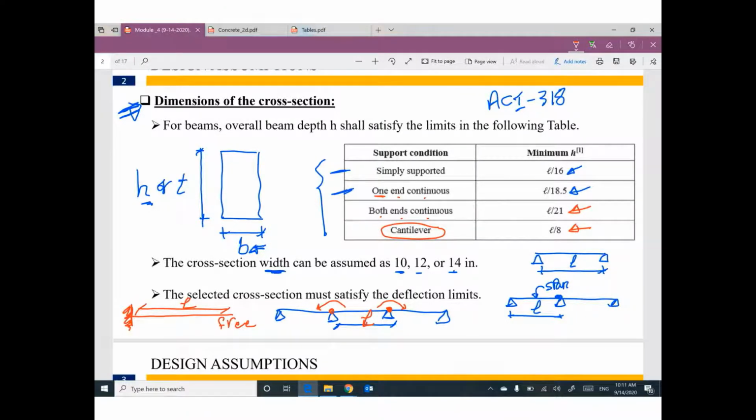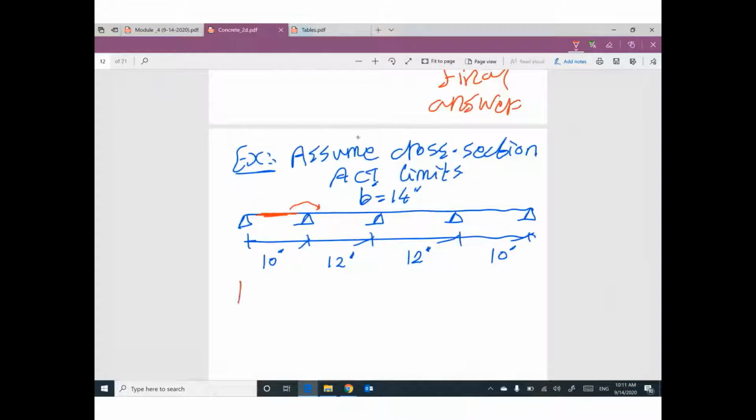So this one, I'm going to assume H equal span divide 18.5. This one in feet, I'm going to multiply it by 12 to be in inch and divide this number by 18.5. So 120 divide 18.5. So the limit here will be 6.5 inch.